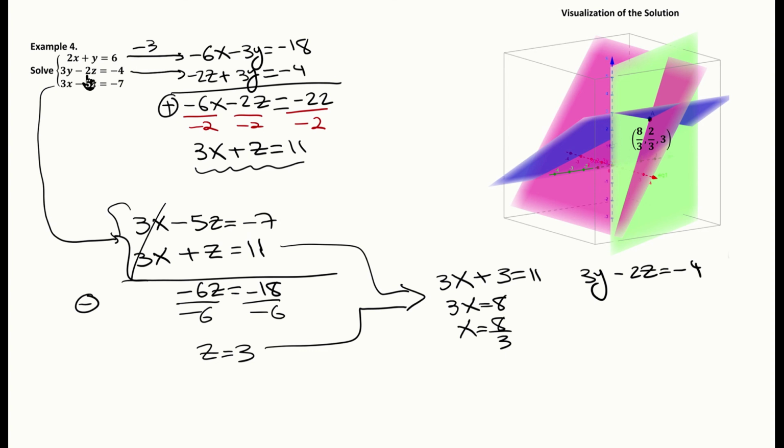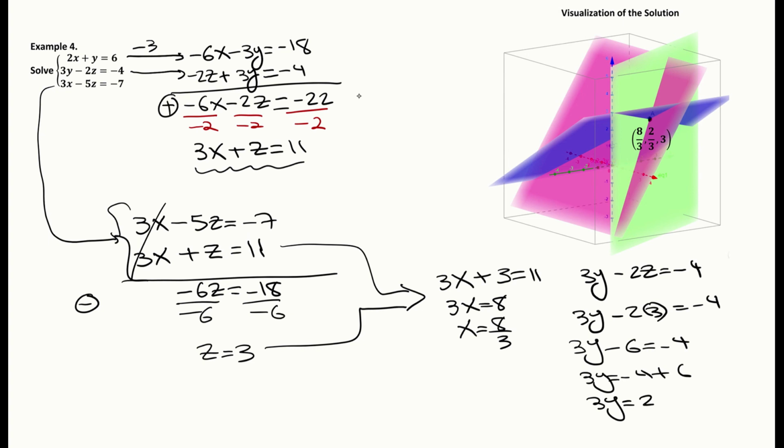Notice I just brought this equation over, and now I'm going to plug in 3 for z. So I get 3y minus 2 times 3 equals -4. So I get 3y minus 6 equals -4. So 3y equals -4 plus 6. So I get 3y equals 2.